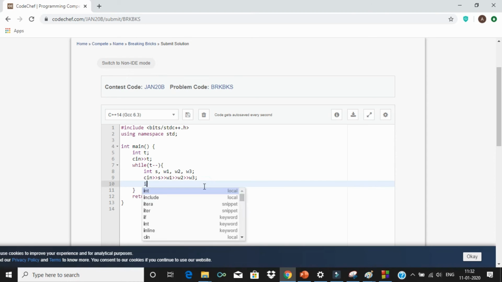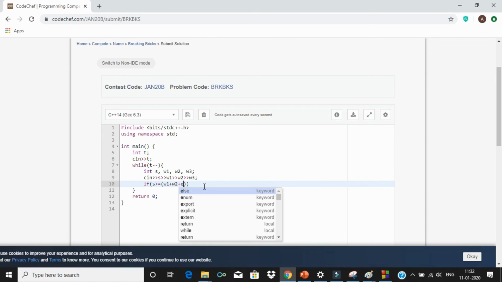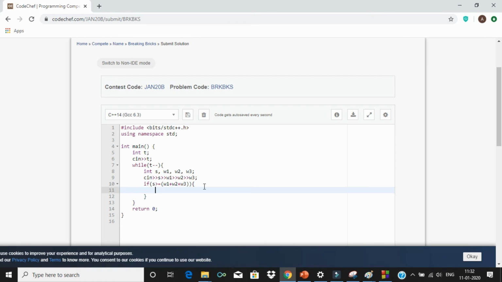Now, if S is greater than or equal to the sum of all three, W1, W2, W3, then we will print out 1. This is the answer.